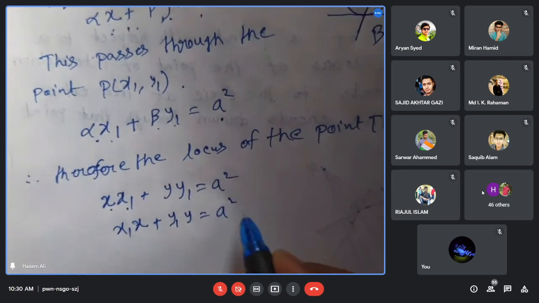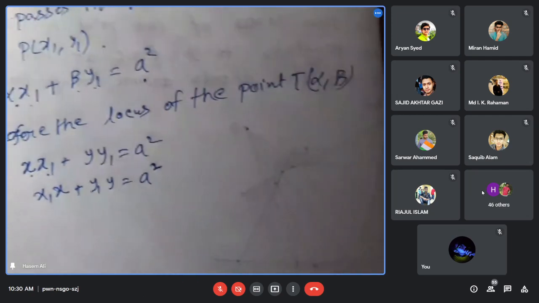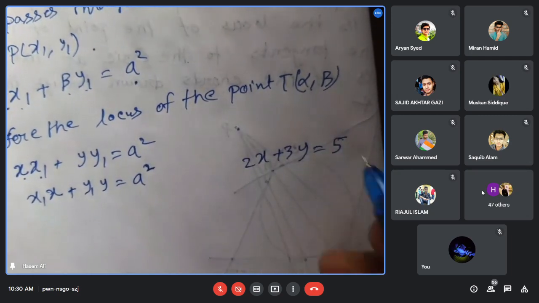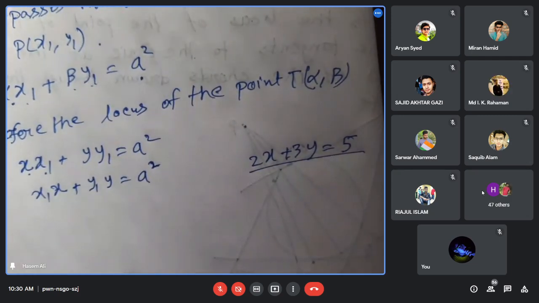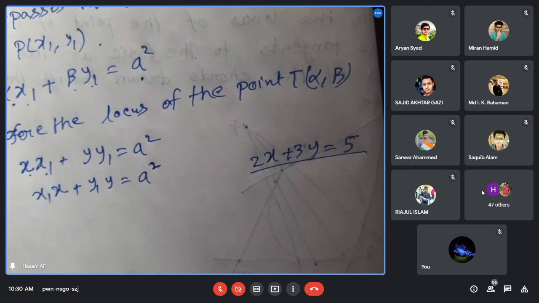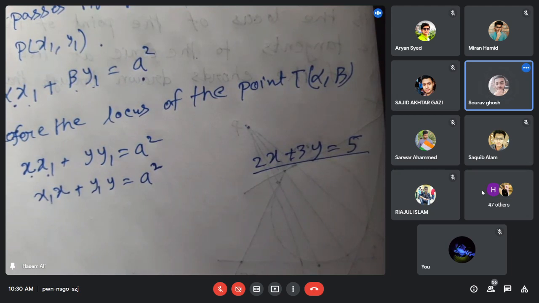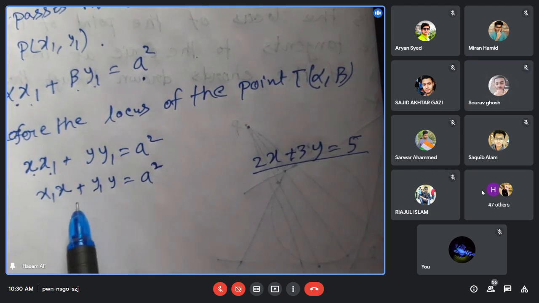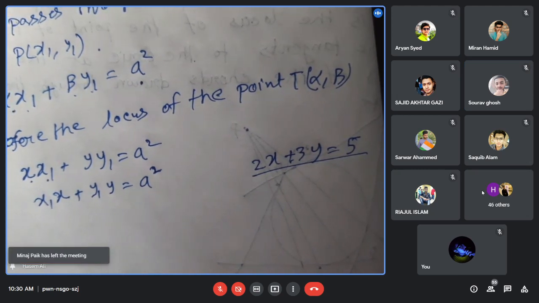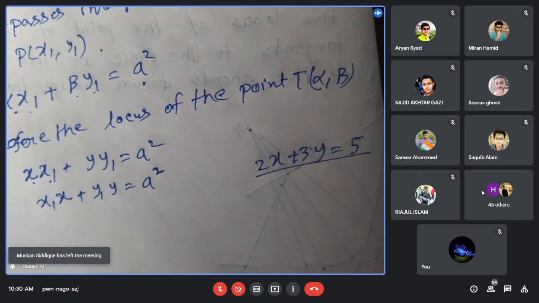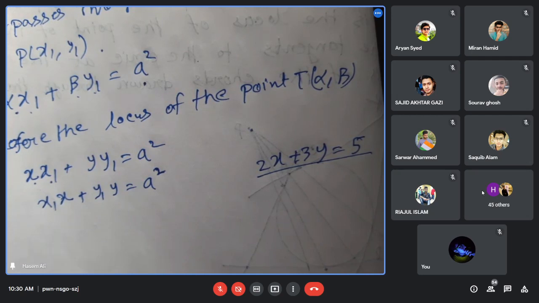Just consider like this, 2x plus 3y equals 5. What is this equation? Straight line, sir. Yes. So obviously the polar of a point with respect to a conic is a straight line, for any conic.